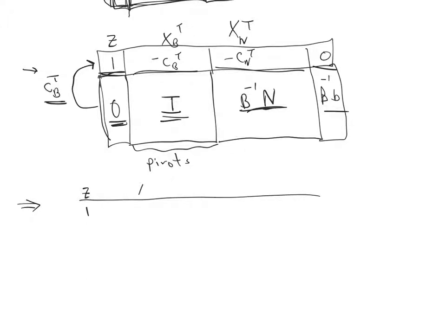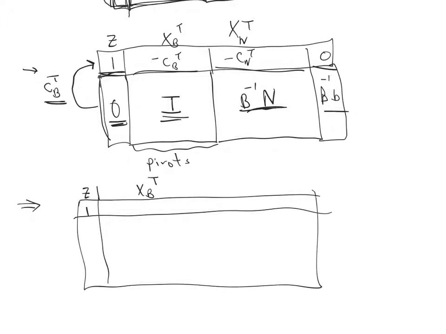Okay, what about in the columns for the basic variables? In the next column here, we get CB transpose times the identity added to minus CB transpose.